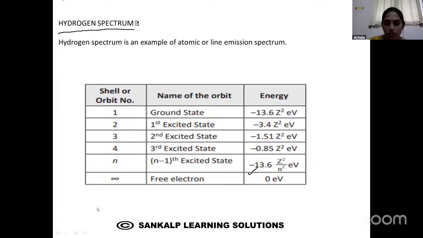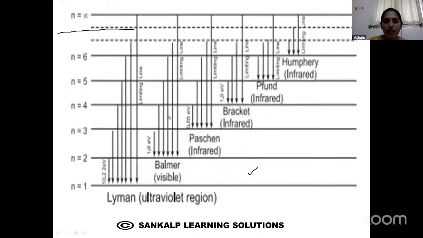Now, see here, this is hydrogen spectrum. Very important hydrogen spectrum. Here, you know that in hydrogen, electrons will be always in first orbit. They absorb some energy, maybe by heating or by absorbing light.